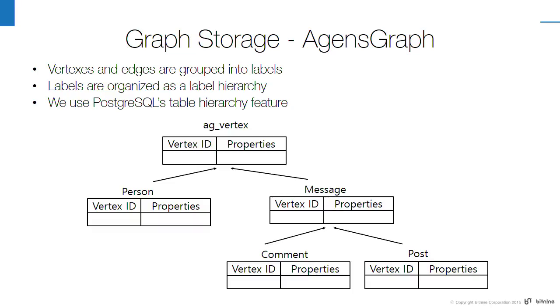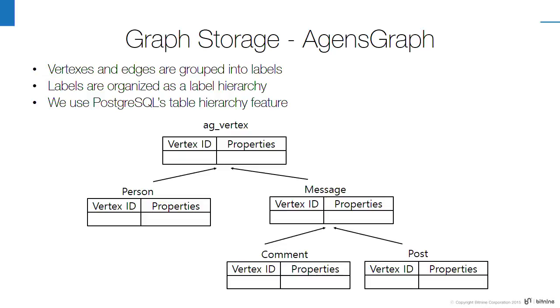Another feature that other graph databases do not provide is the label hierarchy. In AgensGraph, vertexes and edges are grouped into labels. And you can create a vertex label and an edge label. This can provide different storage options for each label, like tablespace.